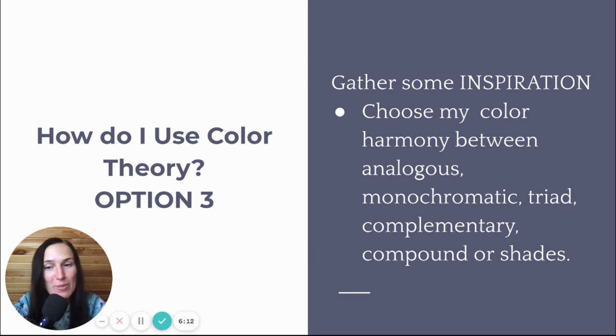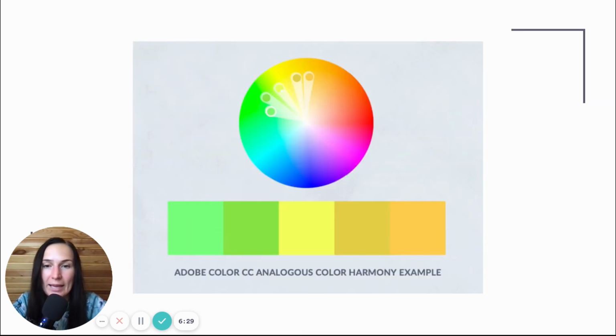I know it might sound a little bit confusing, but these are the basic color schemes that are super well known in art in general, and we're gonna dive deep into these in just a minute. So again, for example, Adobe Color Analogous color harmony example. Here what you can see is that on the color wheel, they are basically next to each other.